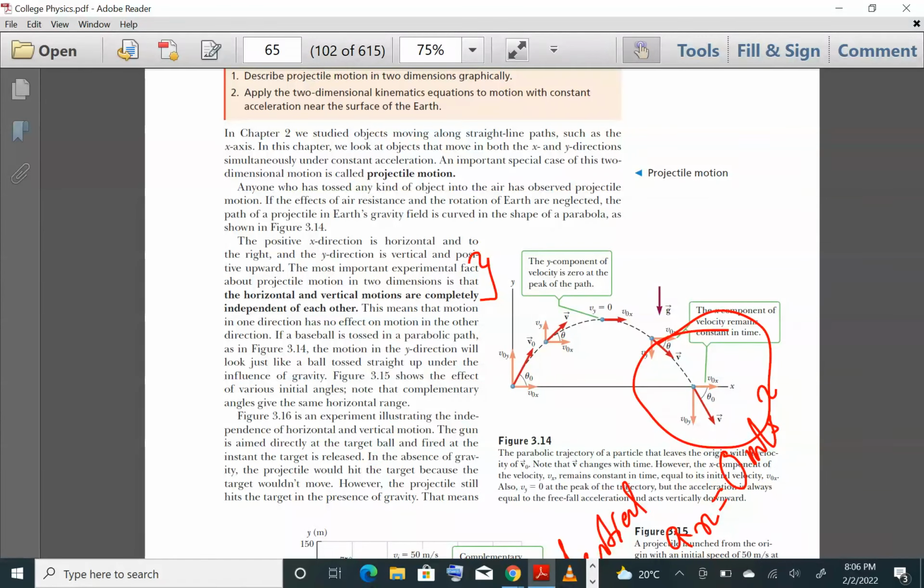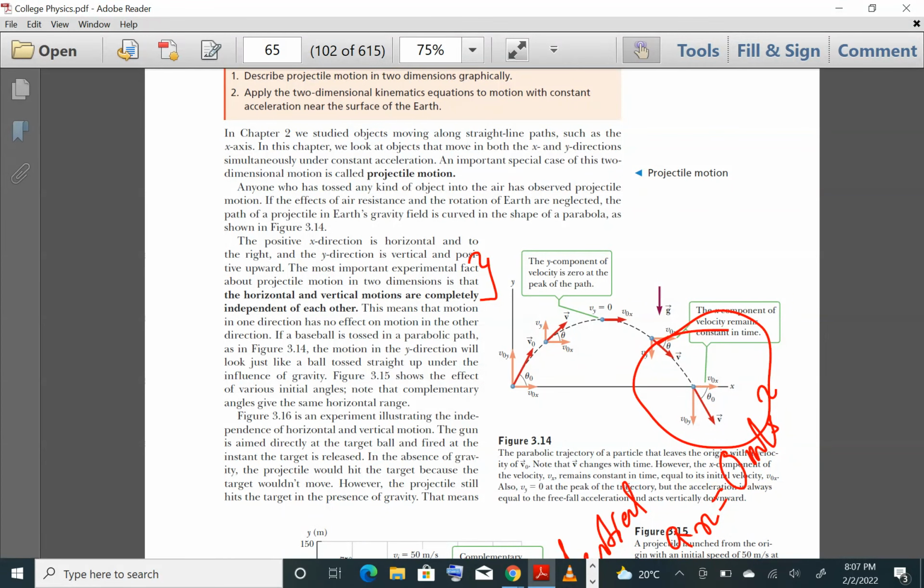Now let's talk about the horizontal. The horizontal is quite interesting because in the horizontal axis we don't have any acceleration. So if we don't have any acceleration, what does that tell us about our velocity?